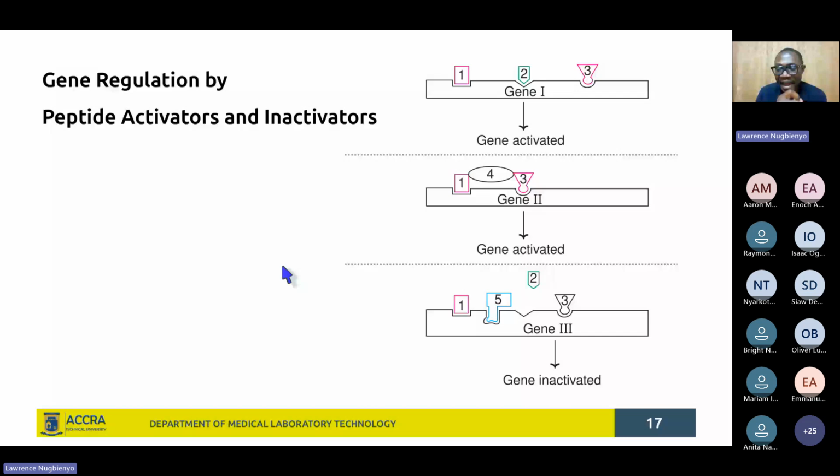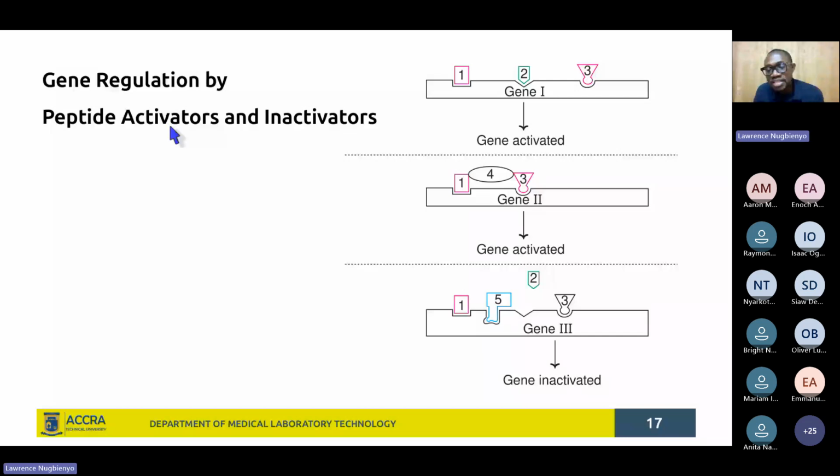So a protein is interacting with a nucleic acid. So both in prokaryotes and eukaryotes, you have regulation by what you can refer to as peptide activators or inactivators.